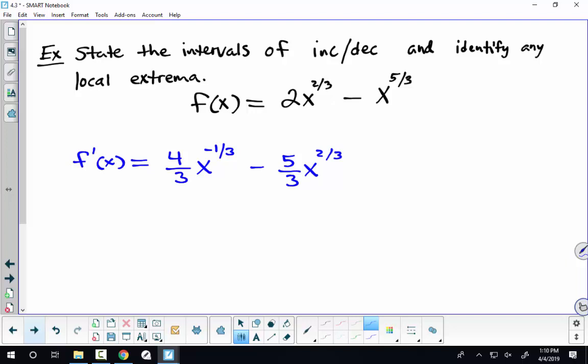And then when we look at where it's undefined, maybe rewrite the negative exponents. Okay, so we'll look at where the first derivative is 0 and where the first derivative is undefined.